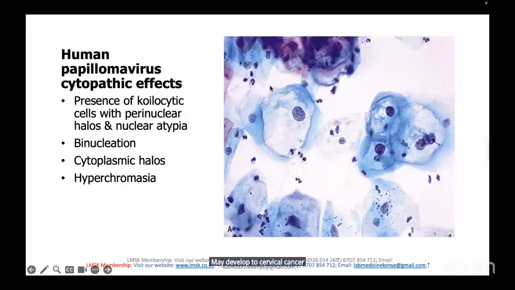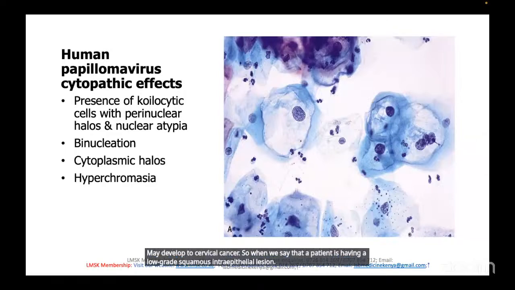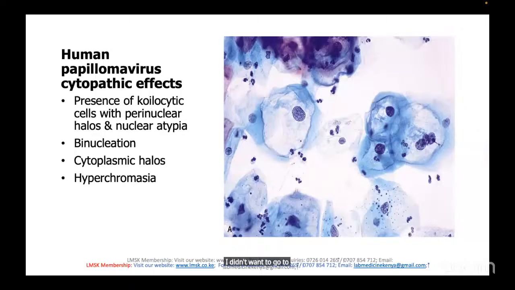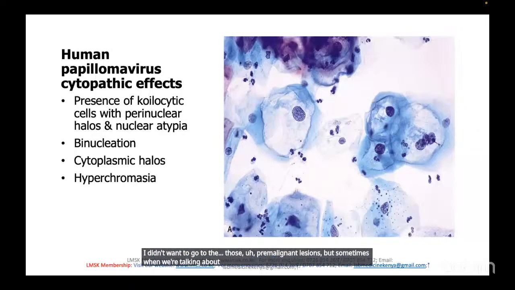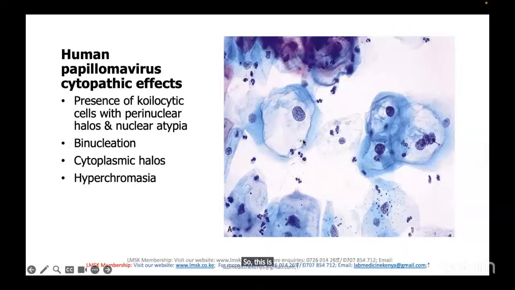So when we say that a patient is having a low-grade squamous intraepithelial lesion, I didn't want to go to those premalignant lesions, but sometimes when we are talking about human papillomavirus, you get yourself again going to the cancer and the premalignant cancers. So this is a cytopathic effect of human papillomavirus infection.